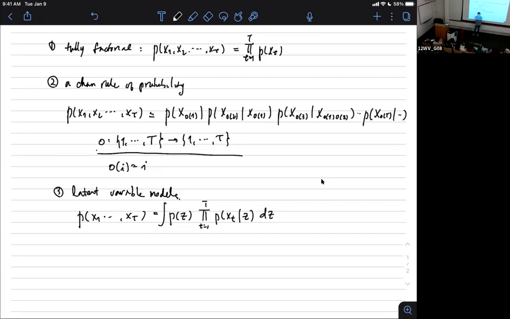We try all possible z, and then marginalize them out, or sum them out, and then we get the actual probability over the words. This approach used to be used more often for language modeling until about 2010. Nowadays, the second approach is used more often. But these two are essentially just two different parameterizations for solving the same problem.